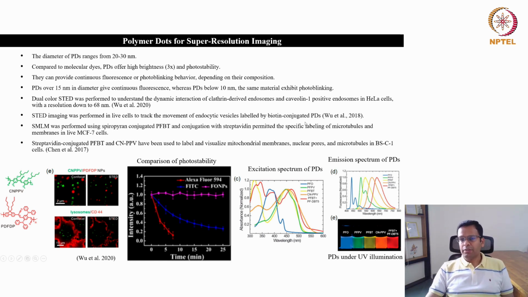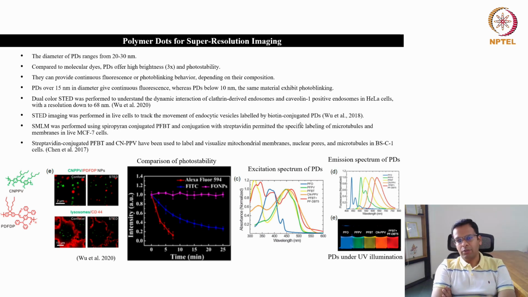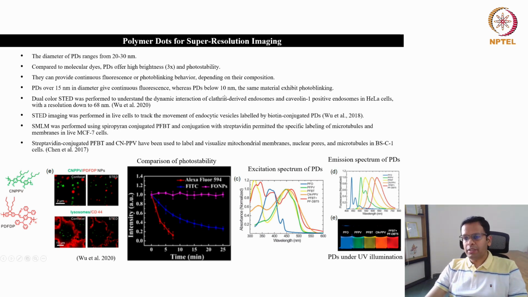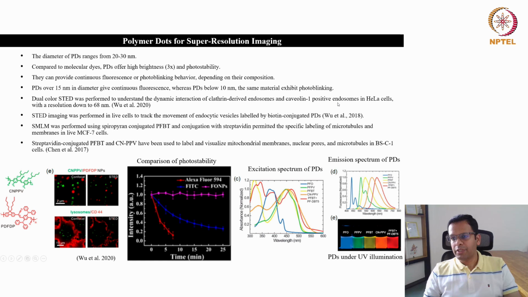You just have to observe how polymer dots can be conjugated for specific targeting. Here they conjugated polymer dots with biotin for specific targeting to endocytic vesicles, using clathrin derived endosomes and caveolin-1 positive endosomes in HeLa cells.